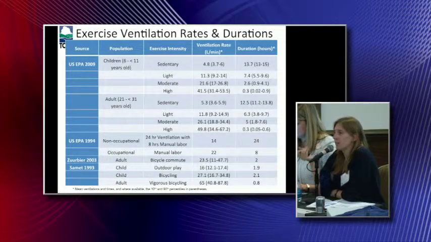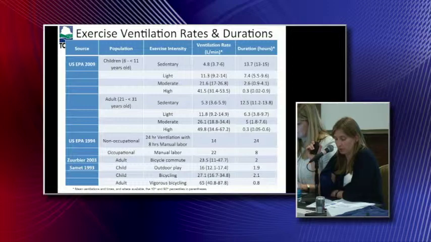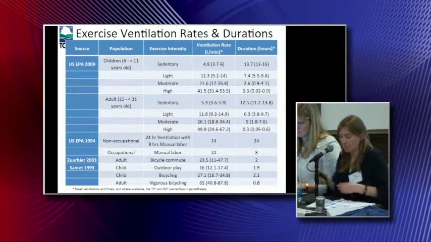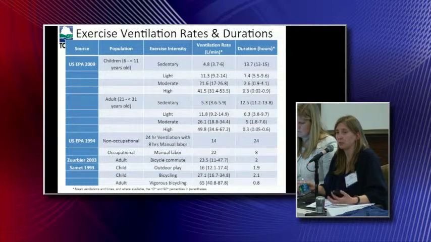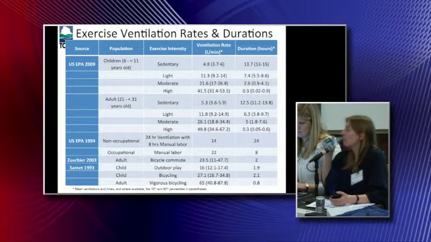And there have also been studies that look at various populations to see what their ventilation rates are and how long they keep those ventilation rates, which is the Zerbier and the Samet at the bottom. So we can use those as surrogates for what actual exposure ventilations and durations could be in the population.